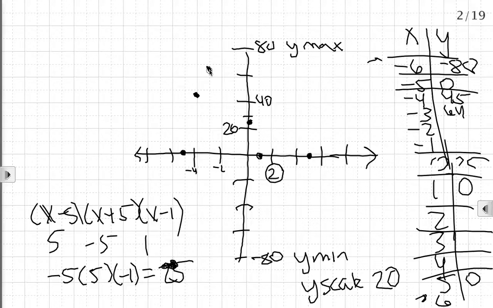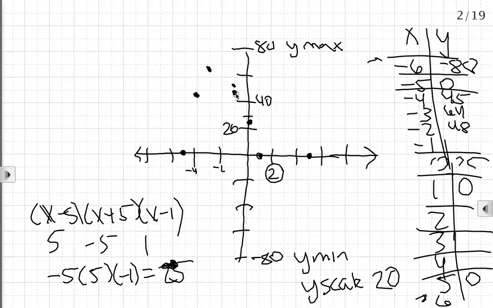Negative 1, so negative 1 minus 5, negative 1 plus 5, negative 1 minus 1. Gives us 48. Now, oops, I skipped a spot there. I think my points are off a little bit. Did I do 2? I did do 2. Oh, we'll come back to 2. 48 for negative 1 gives us right about here, actually.